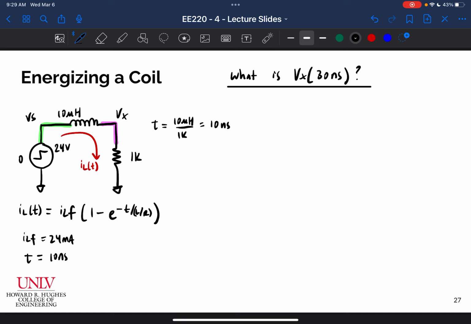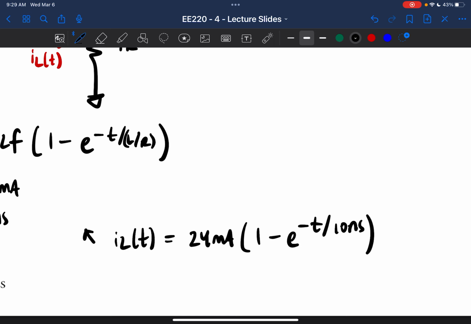So I can go ahead and write this equation as IL of t in this circuit is equal to 24 milliamps multiplied by 1 minus e to the minus t over 10 nanoseconds. Well, if I want to determine Vx of t, all I have to do is multiply this entire thing by 1K. Hopefully that's clear.